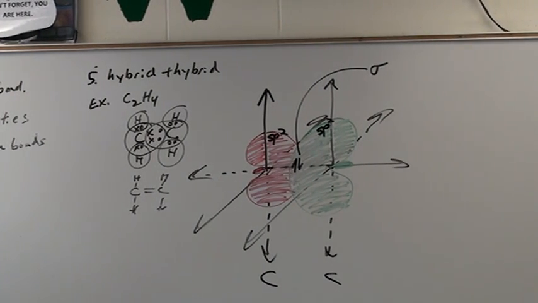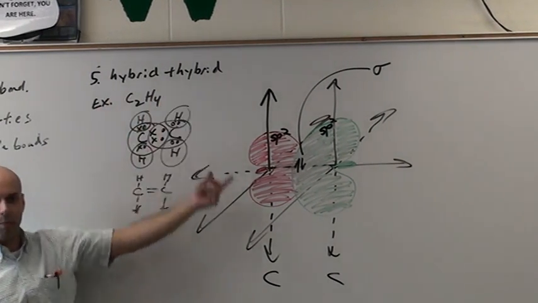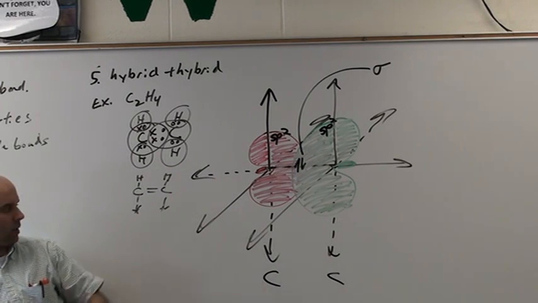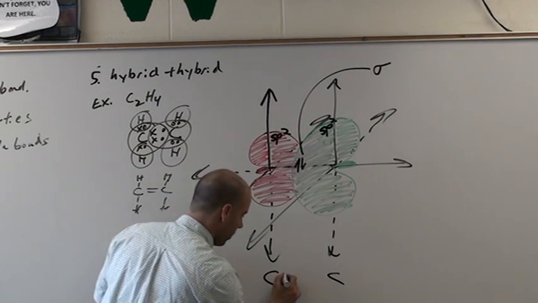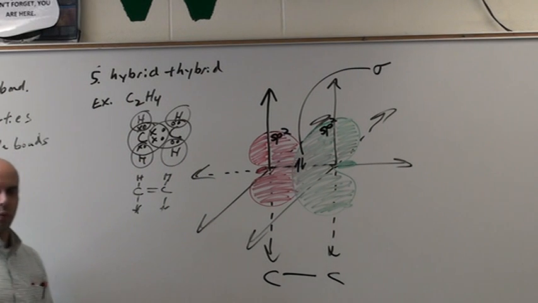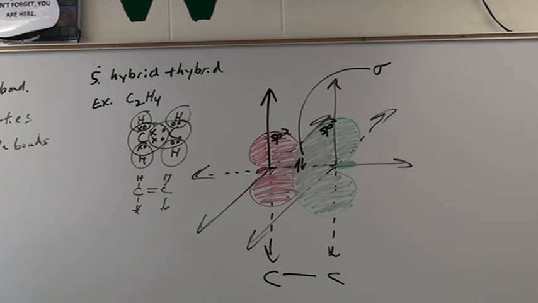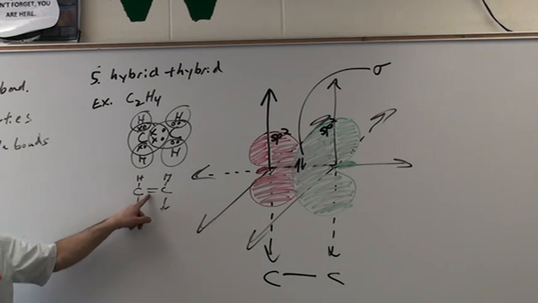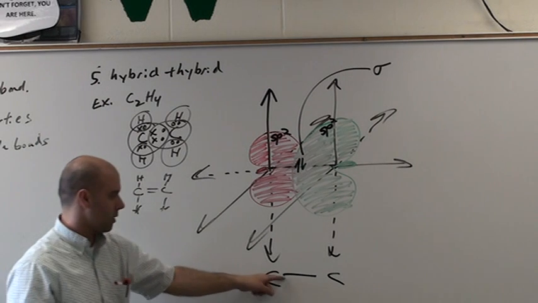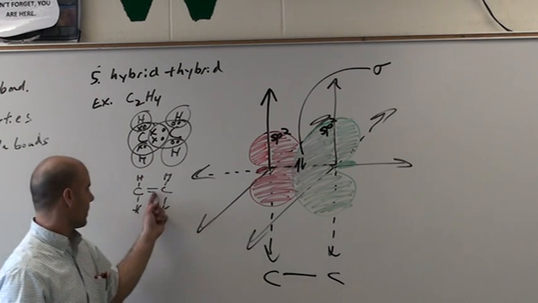So here's an example of 2 hybrids overlapping to form a bond. And they form a sigma bond, which is the first bond between the 2. Now we still have to get the double bond. All we did was make the first bond. Now how do we get that double bond?